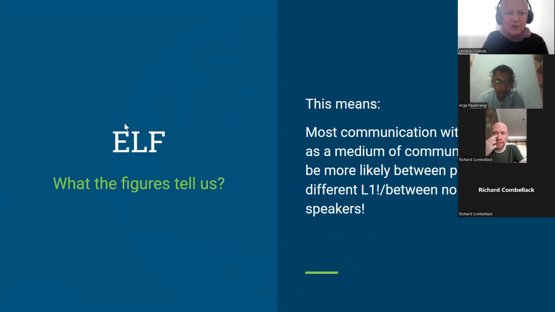Okay, now what the figures tell us so far. This means that most communication with English as the medium of communication will very likely occur between people with different L1 or between non-native speakers.